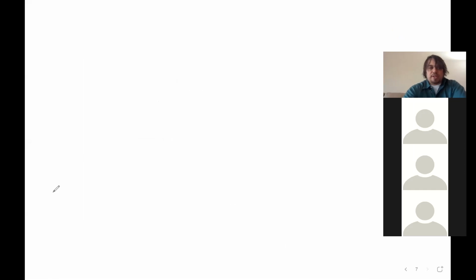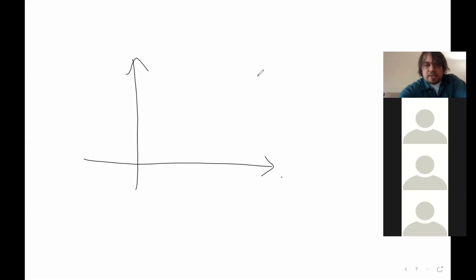Okay, so the graph is y squared equals x. So first let's graph y squared equals x. Here's the x-axis. Here's the y-axis. Graph we're going to put in blue. So y squared equals x. So y squared equals x looks like this.